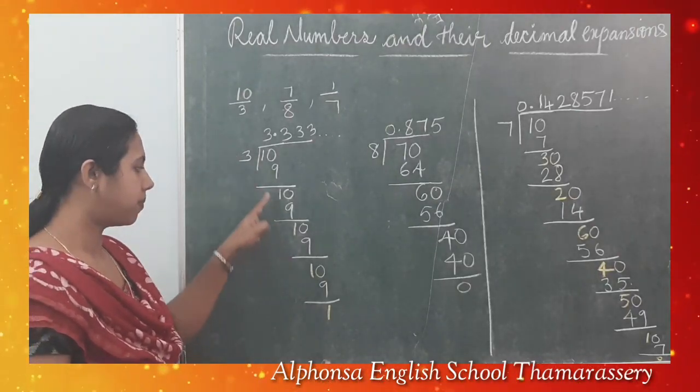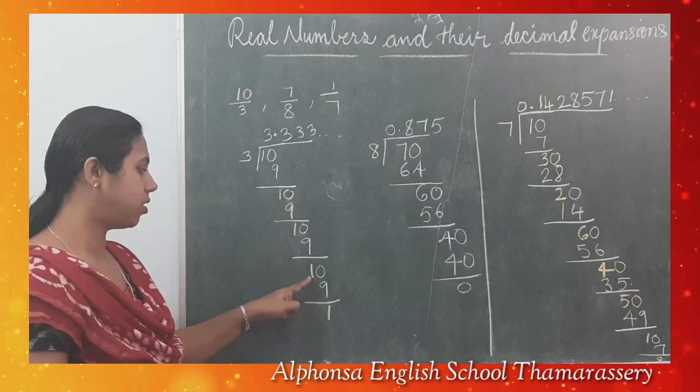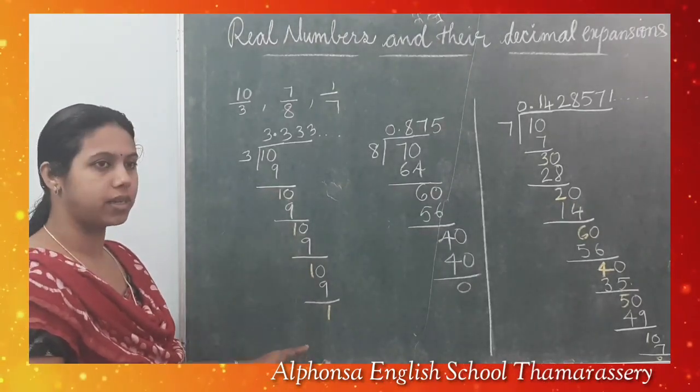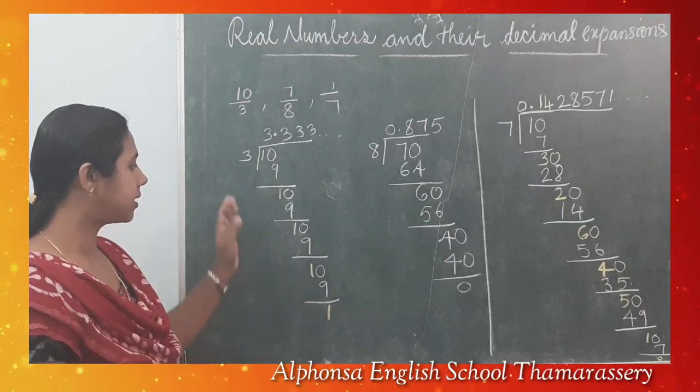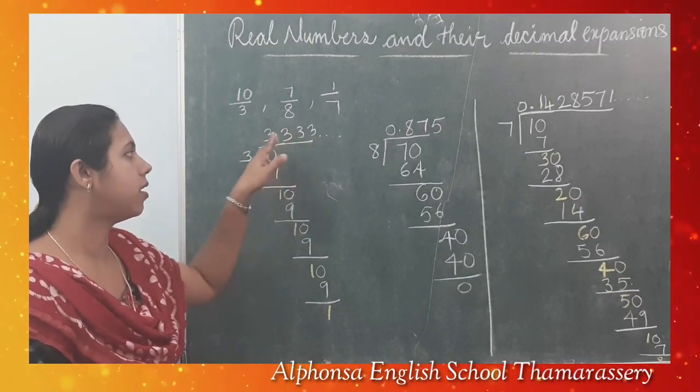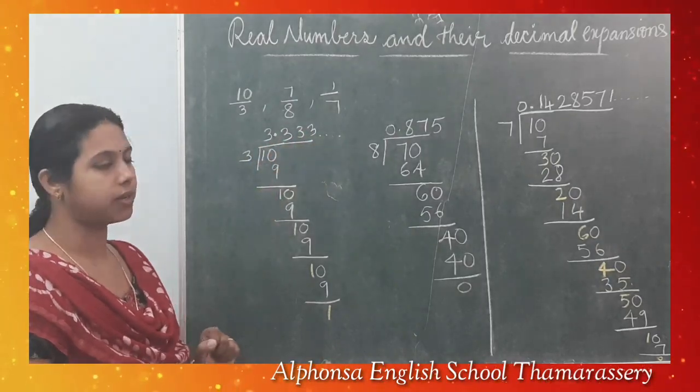The 1 is repeating always. The remainder is 1 only in all cases. It is repeating. Now when the remainder is repeating, at the same time you can see the quotient also has some digits repeating.